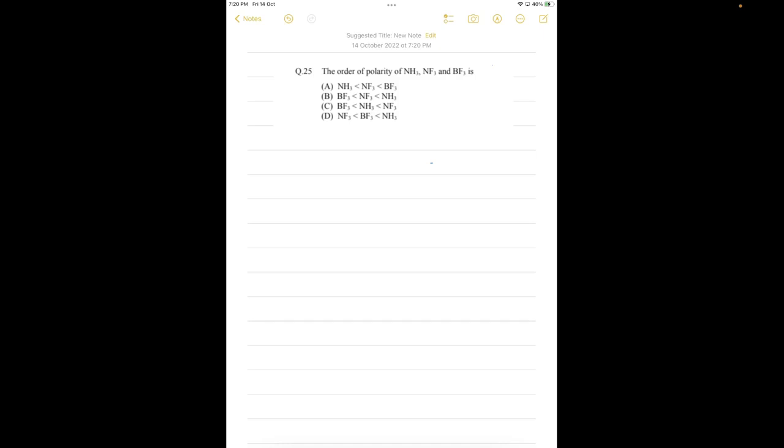Option B says NH3 is the most polar. Option C says BF3 and NF3 is the most polar, and option D says NH3 is most polar. Okay, so let's first draw the structure of these three compounds.